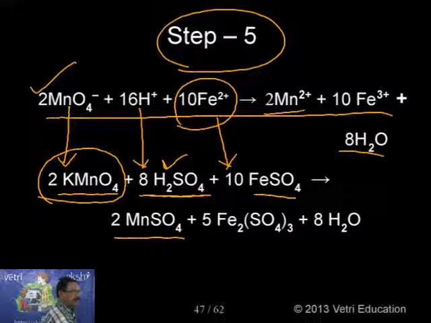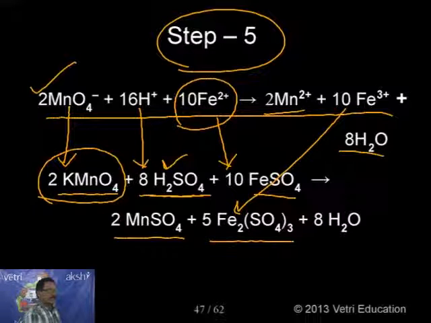In the same way, now take 10Fe³⁺. Fe³⁺ originally is ferric sulfate, so I have to represent the ferric sulfate compound, but the number is 10. So I will put 5 here, because 5 into 2 Fe atoms in Fe2(SO4)3 means 10. So it is satisfying this condition.